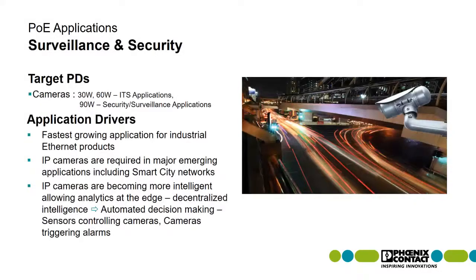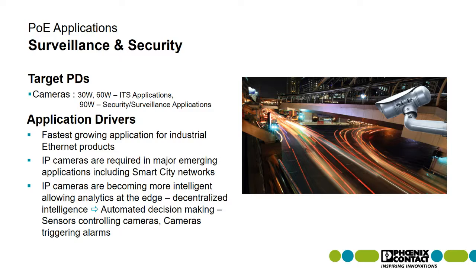Another one, and this is a biggie, security and surveillance. We're seeing more and more need for security and surveillance, whether it's inside surveillance or security, perimeter security, all different kinds of surveillance and security.